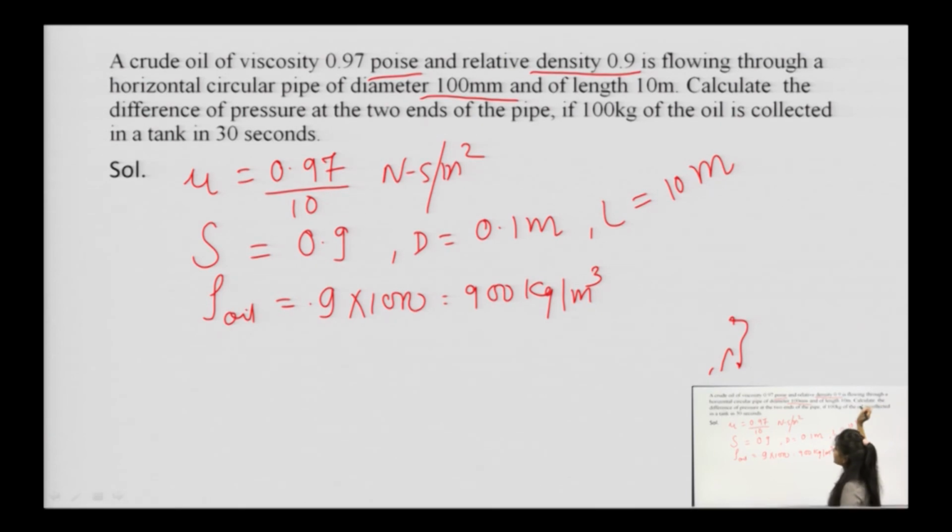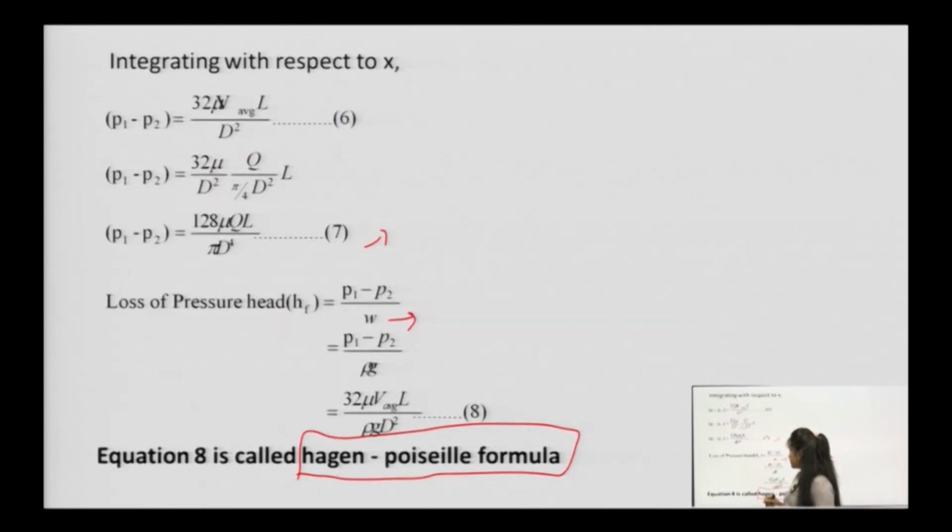Now we need to calculate the difference of pressure at the two ends of the pipe if 100 kg of the oil is collected in 30 seconds. In the pressure formula, 32 mu is given, velocity is not known, length is given, rho we have calculated with the help of specific gravity, g is there, and diameter is there.